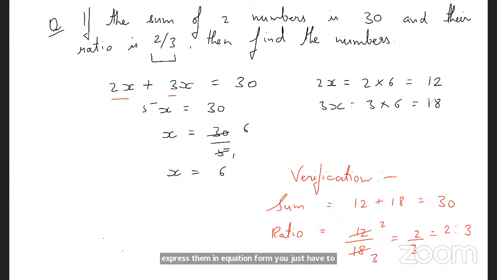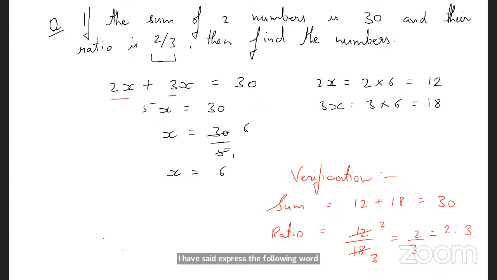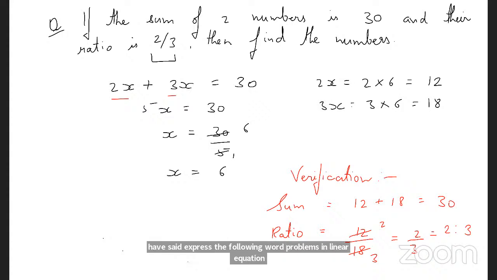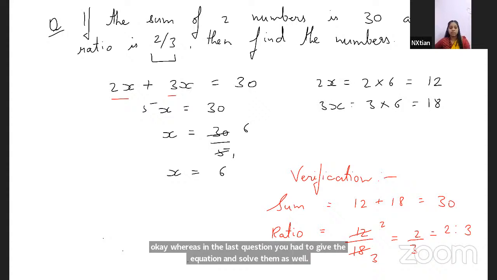Whereas in the fourth question, I have said express the following word problems in linear equation form and solve them. I have given two questions, one in which you have to just give the equation, whereas in the last question, you had to give the equation and solve them. Okay, ma'am, can you just show me how that is done?